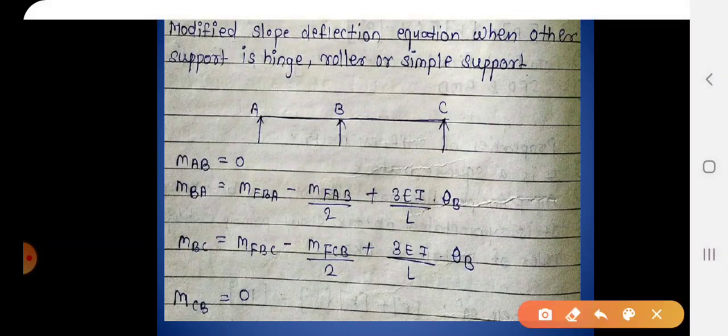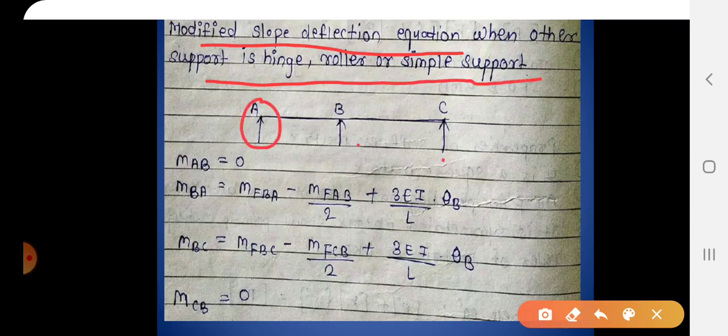Then the second case is the modified slope deflection equation when the other support is a hinge, roller or simple support. You can see in the diagram an A, B, C continuous beam: A is a simple end support, B is an intermediate support and C is again a simple end support.